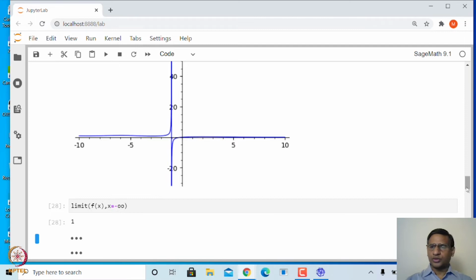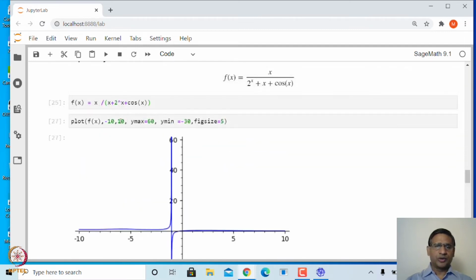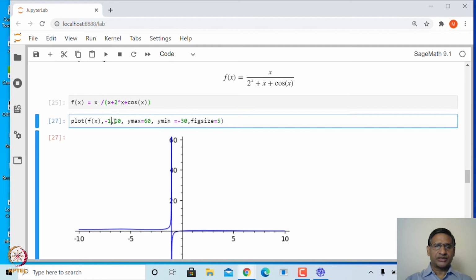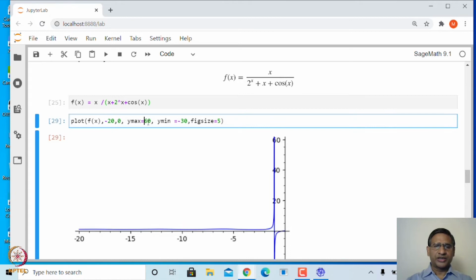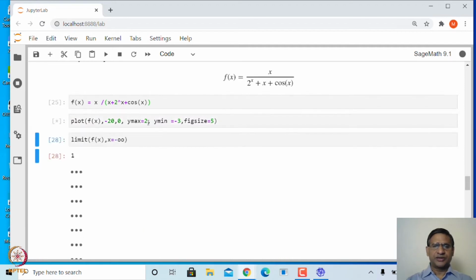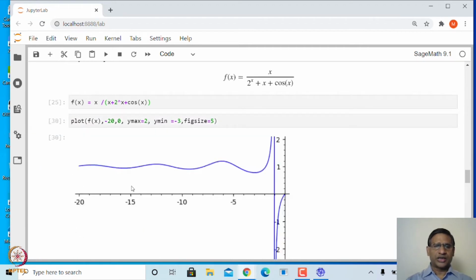If you want, we can even plot this graph between, let us say, -20 and 0, and restrict the maximum value of y to, let us say, 2 and the minimum value to, let us say, -3, and then you will see what happens.